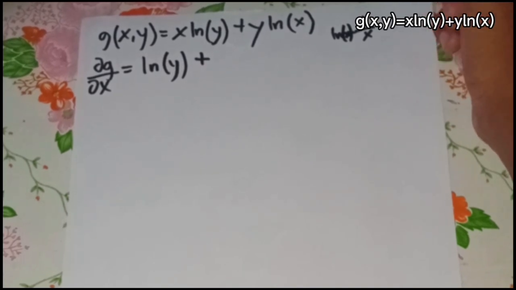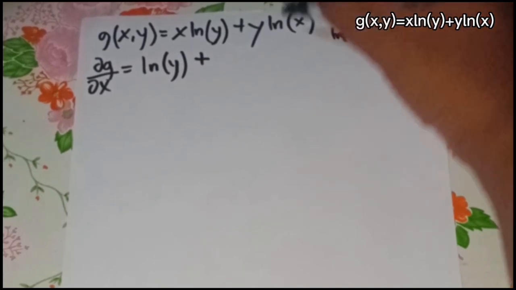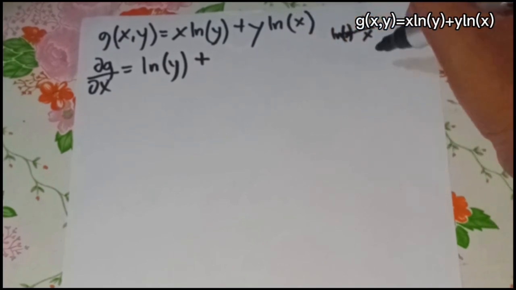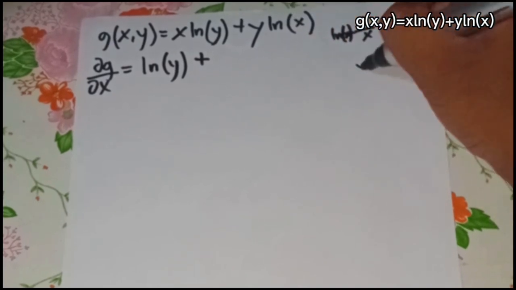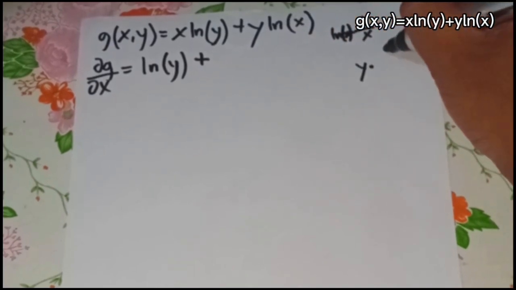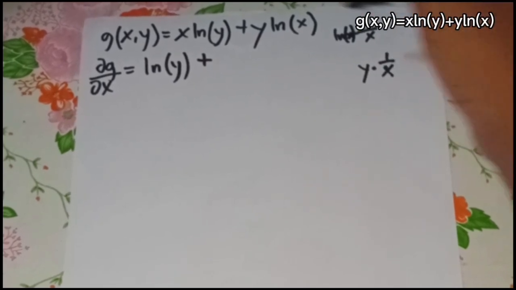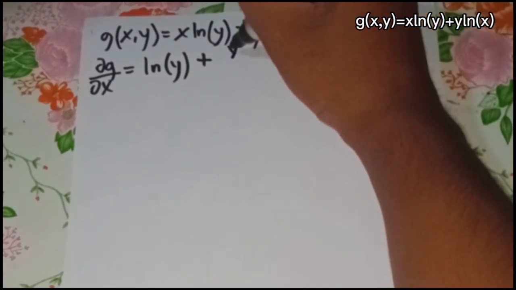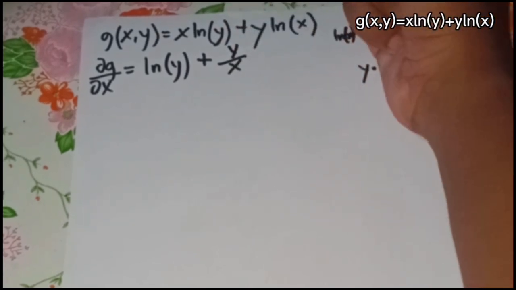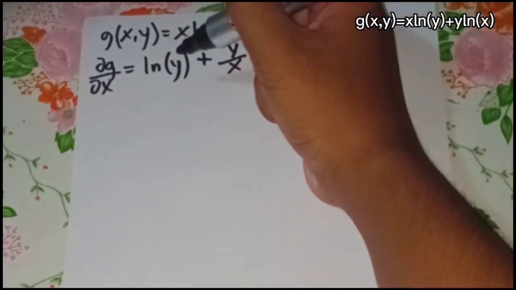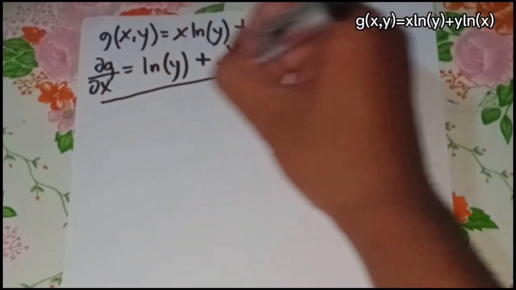So the derivative of y ln x with respect to x is y times 1 over x. So the answer is y over x. Final answer.